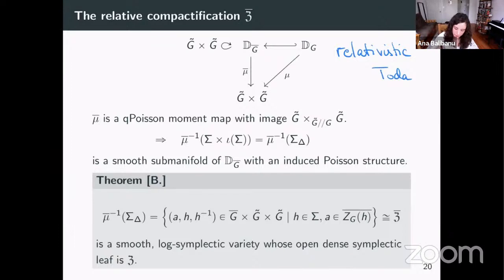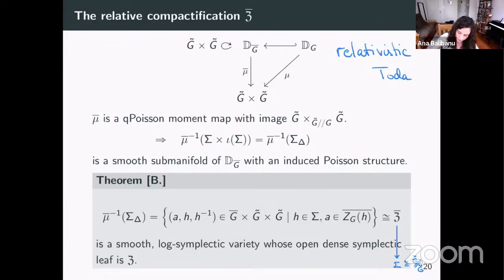What this means for us, for this universal centralizer and also for its partial compactification, is that I think of Z bar as living above my slice sigma, and sigma is isomorphic to the adjoint quotient of the simply connected group, G tilde double bar G tilde.